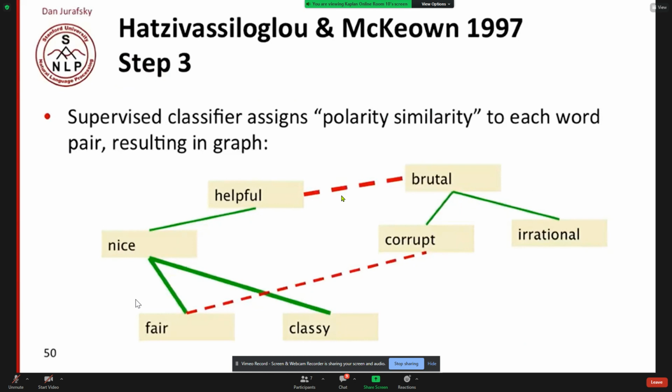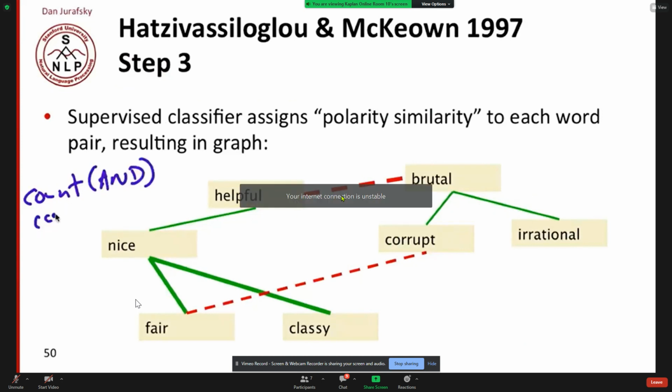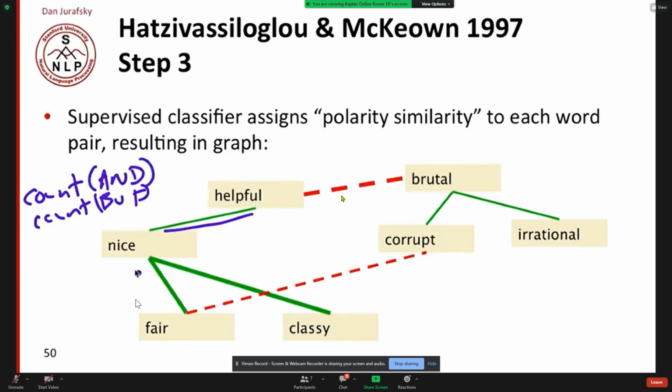And now we can build from that a classifier. We can give the classifier the count of the two words occurring with an "and" in between them, and a count of the two words occurring with a "but" in between them.